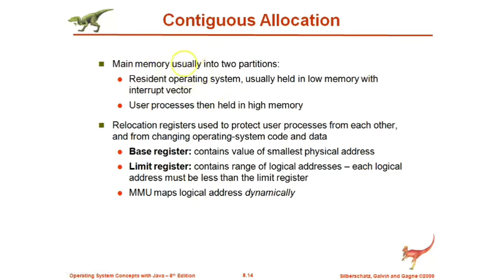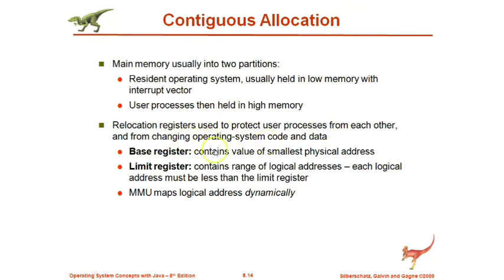The other is for the user processes, which is held in high memory. To facilitate this contiguous allocation, the system uses certain registers called relocation registers.